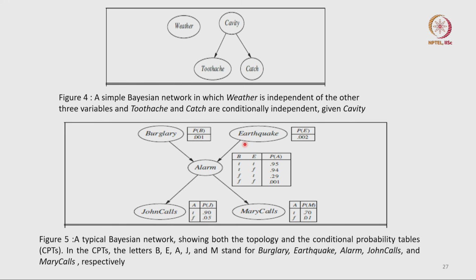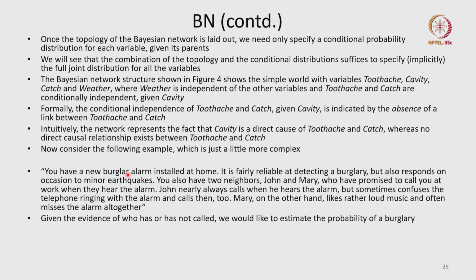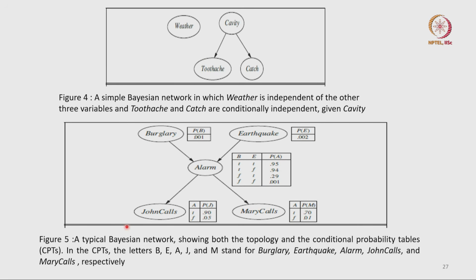Burglary and earthquake do not have any incoming nodes, so they are not influenced by any other nodes. Then the alarm is influenced by the burglary as well as by the earthquake, because it also responds on occasion to minor earthquakes. So, both these are incoming nodes to the alarm, and John calls and Mary calls depend on the alarm.